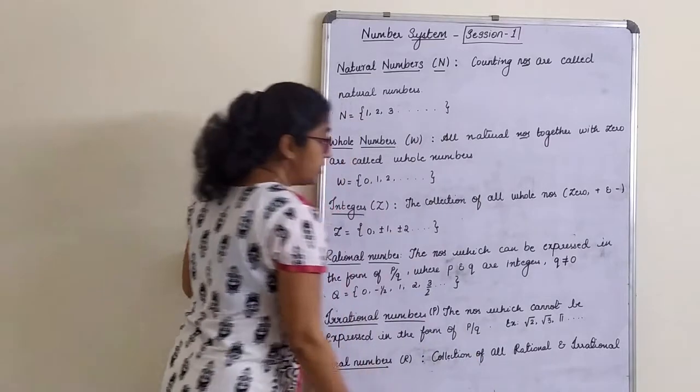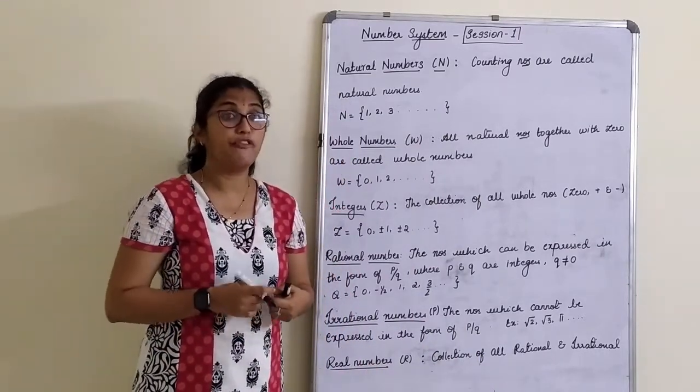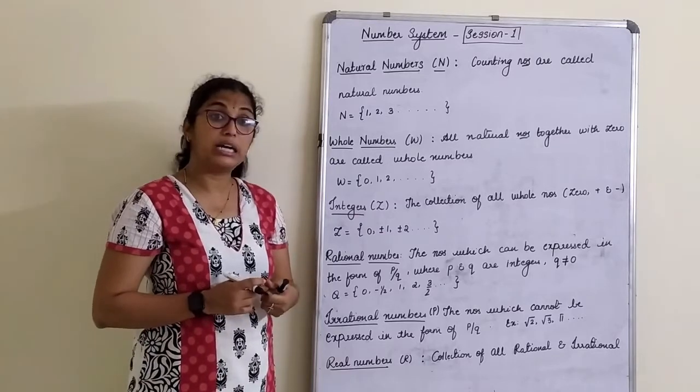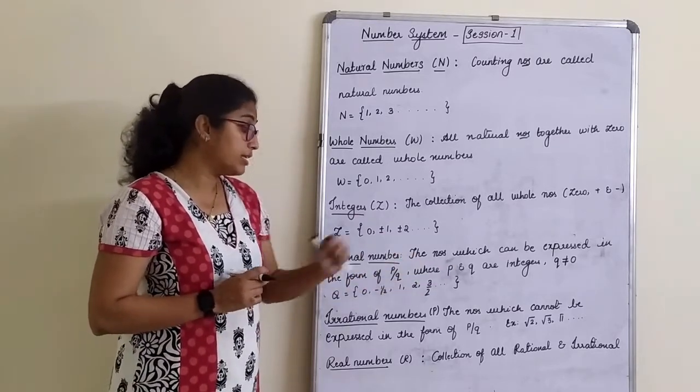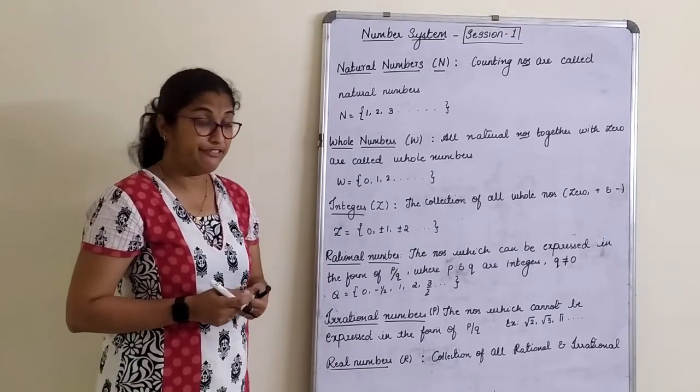Next, rational numbers. A number which can be expressed in the form of P by Q, where P and Q are integers and Q not equal to 0, because if Q is equal to 0, then the number cannot be defined.